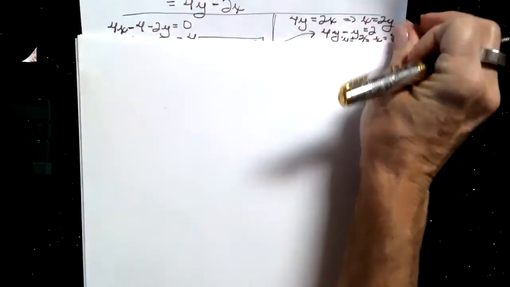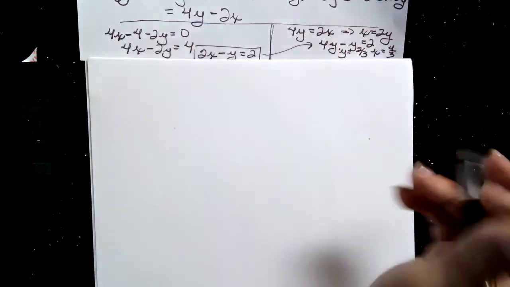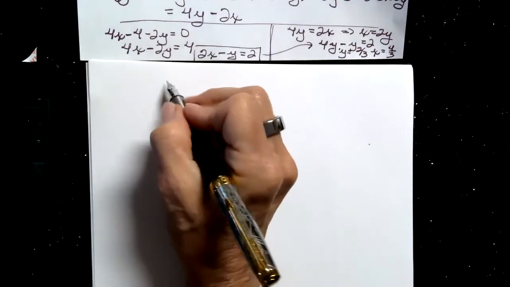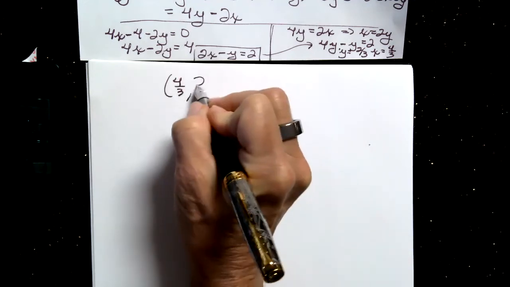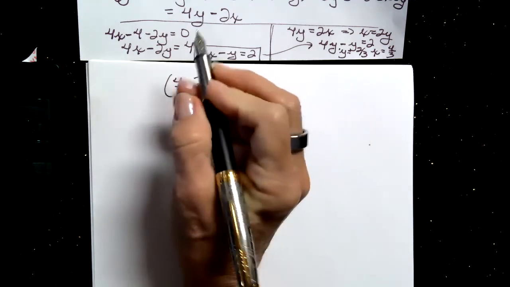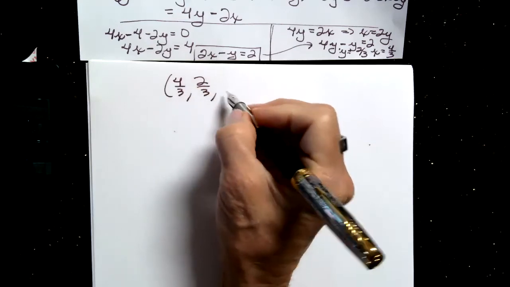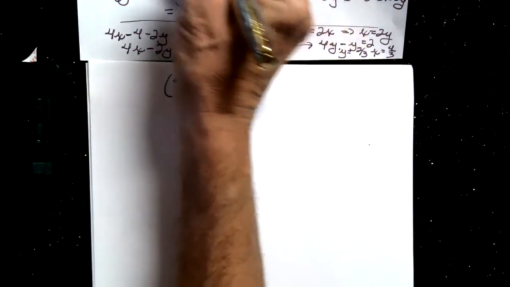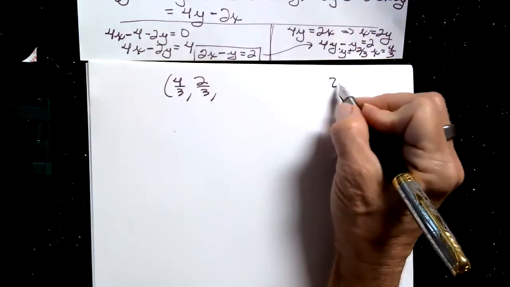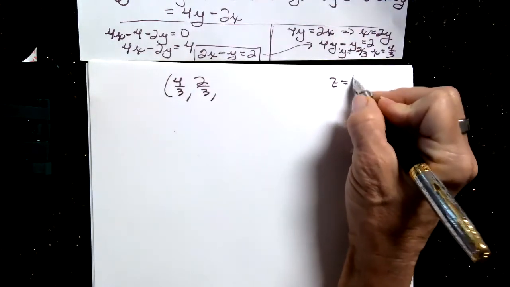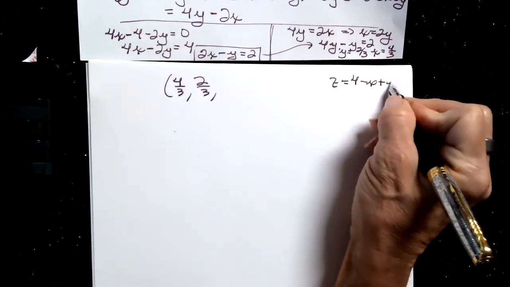And let's check that that's a minimum. So our point is 4/3, 2/3, and then the z value, the point that we have as a candidate for being the closest point, z is, remember, 4 minus x plus y.